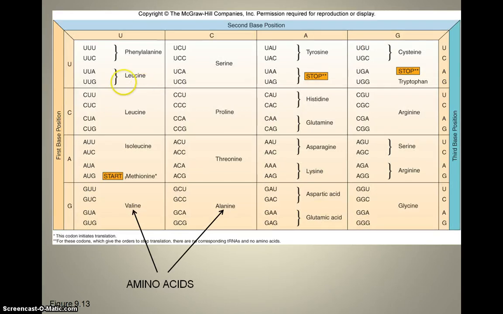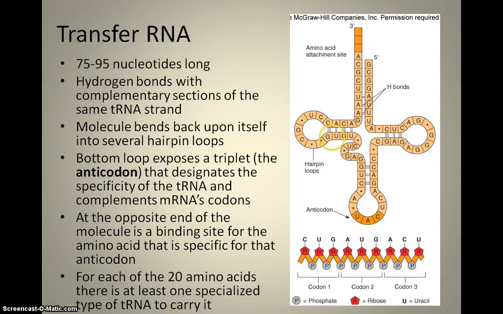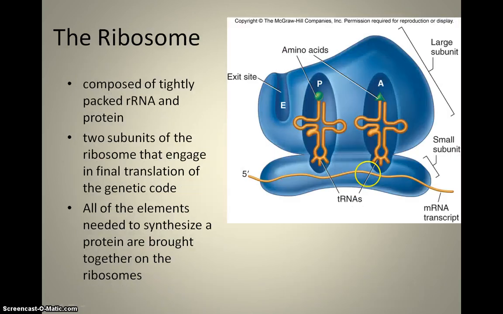So this is the messenger RNA code here, but it tells the tRNA when it reads this what amino acid it would have hooked on to this site. So then the tRNA is really just sort of carrying the amino acid.